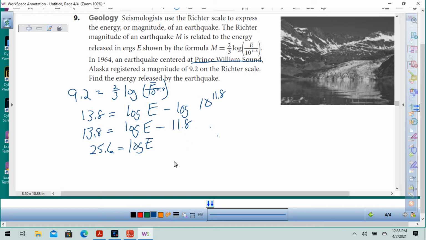Well, I've got to get rid of this log because I want to know what E is.